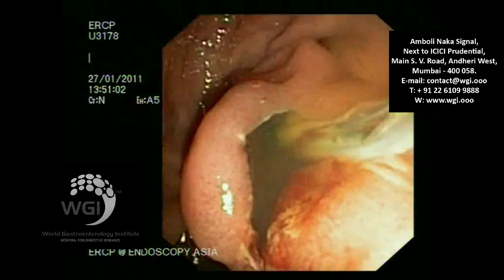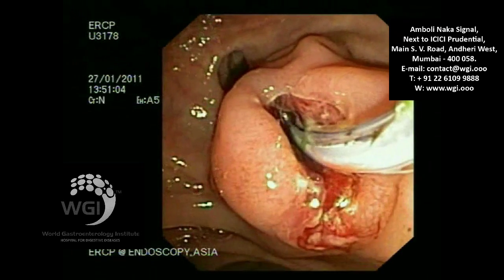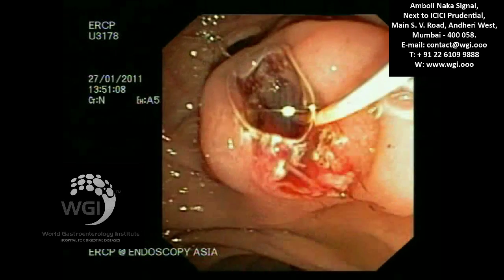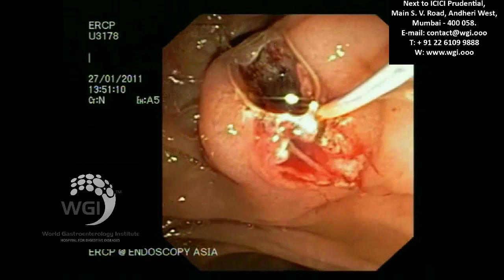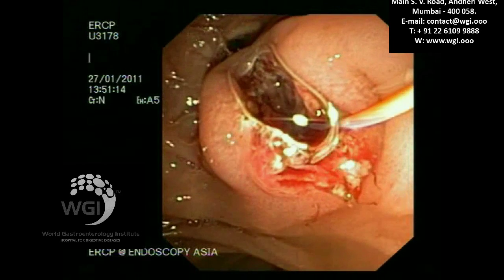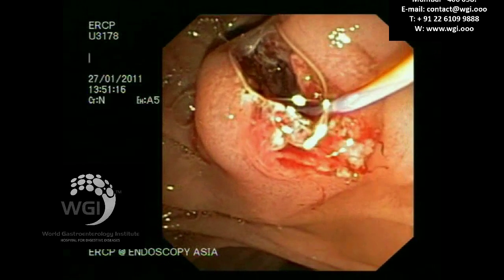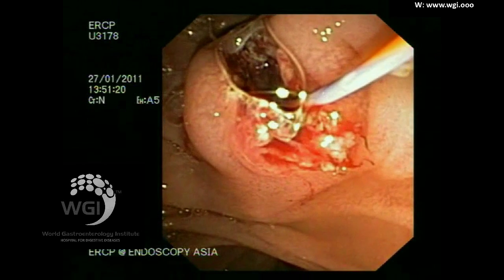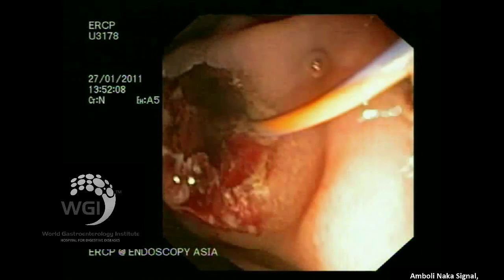try and avoid injecting contrast whenever you have severe purulent cholangitis, because we all know that when you inject there has to be some positive pressure in the ductal system. So it will further lead to severe infection and cholangiohepatitis.